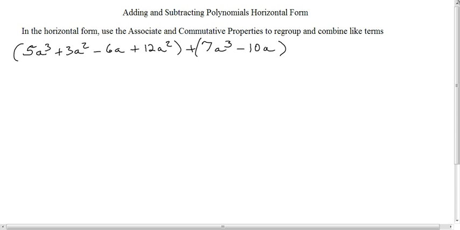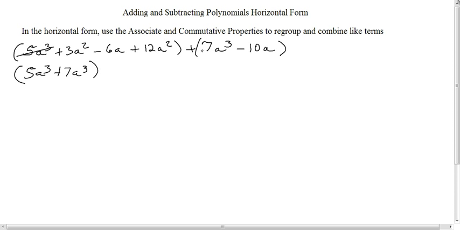So to begin our process, let's use the associative property and regroup here with 5a to the third plus 7a to the third. Okay, so we'll go ahead and group those up.